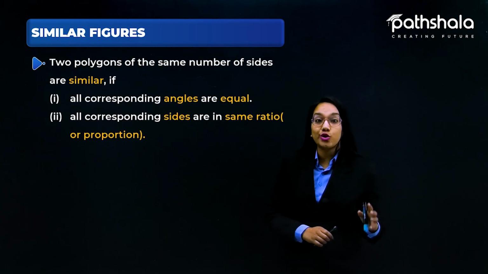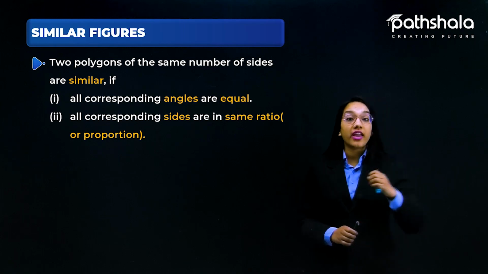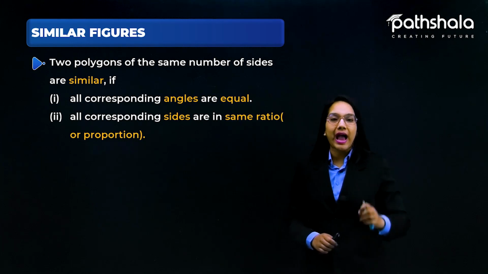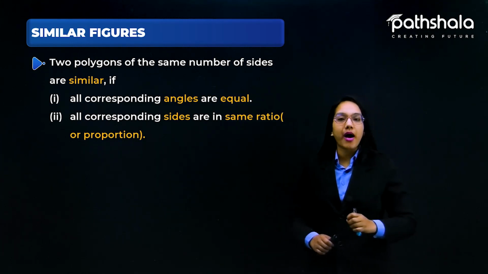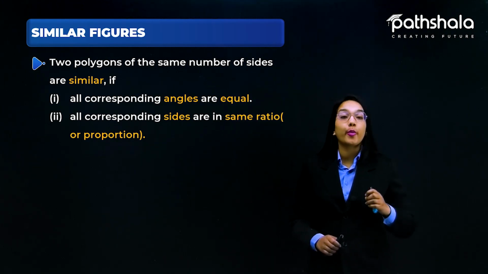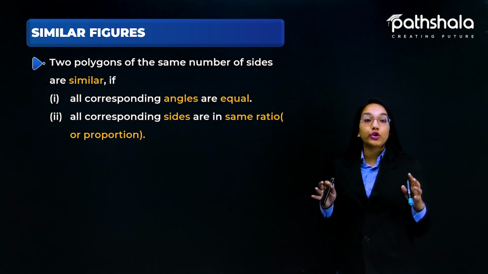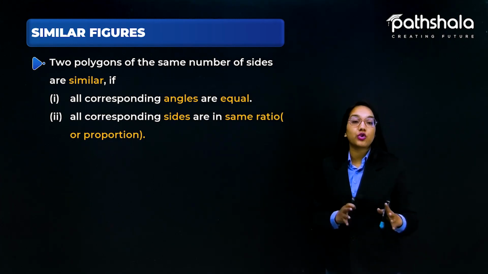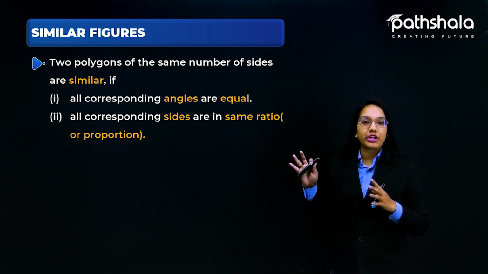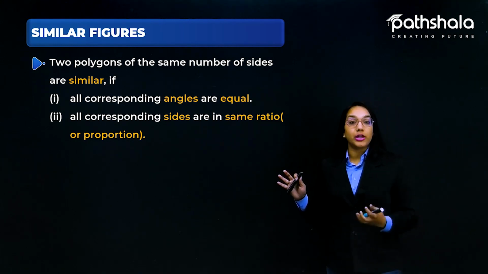We can say that two polygons of the same number of sides are similar if the very first part, all corresponding angles are equal, and the second part, all corresponding sides are in the same ratio or proportion. This is the exact definition that we require to justify whether the two polygons are similar to each other or not.